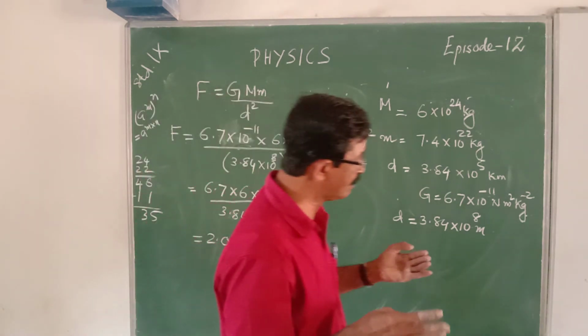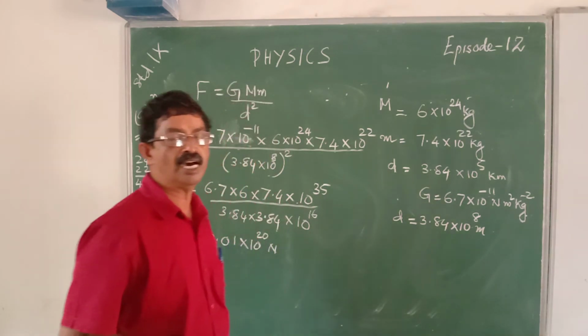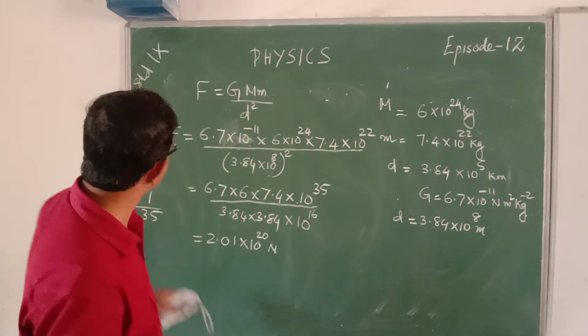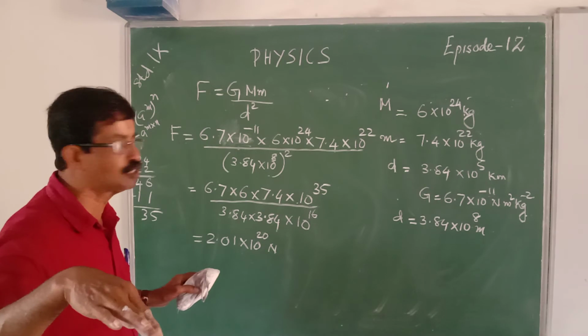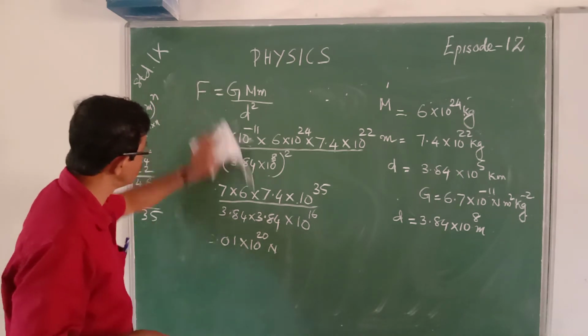In the same way we can calculate the gravitational force between any two of you, that is, the force of attraction between any two of you. How do we find it?